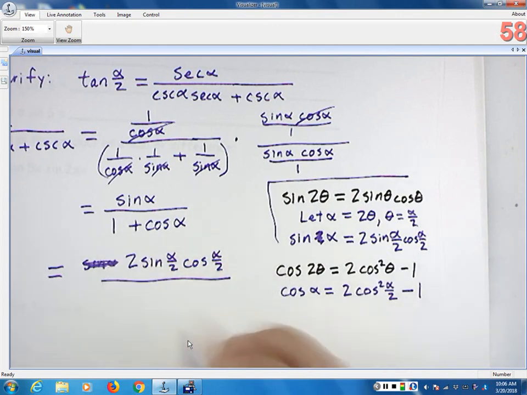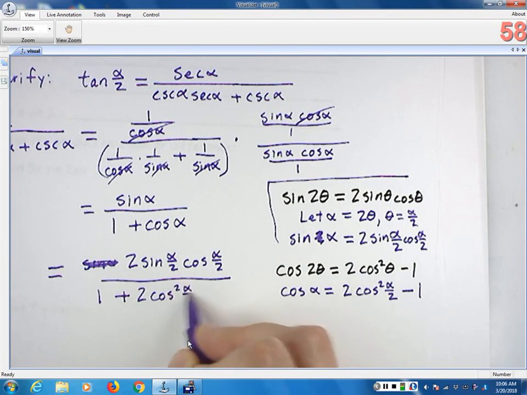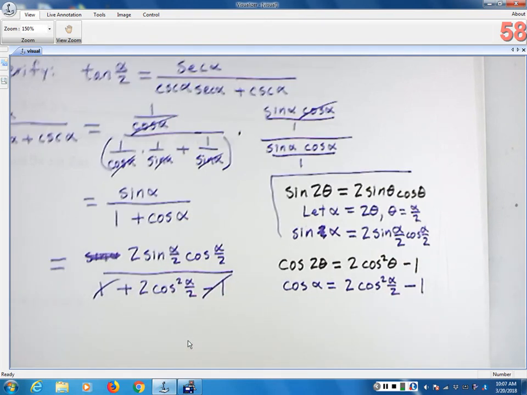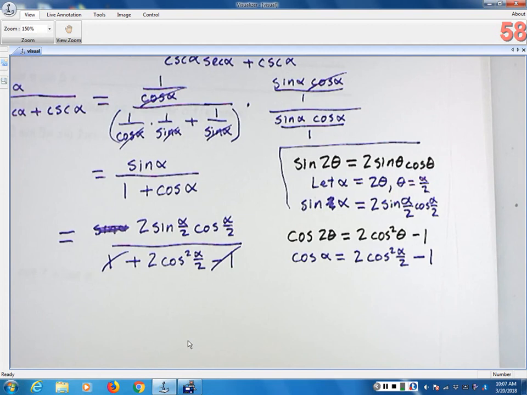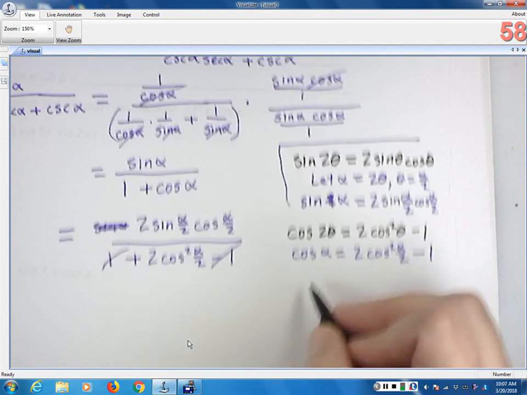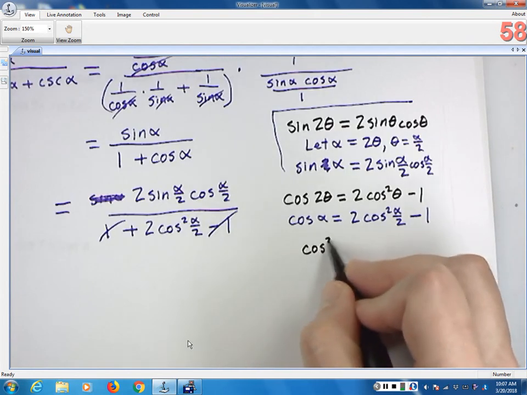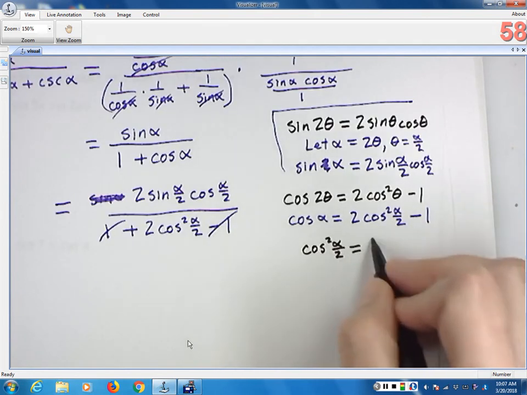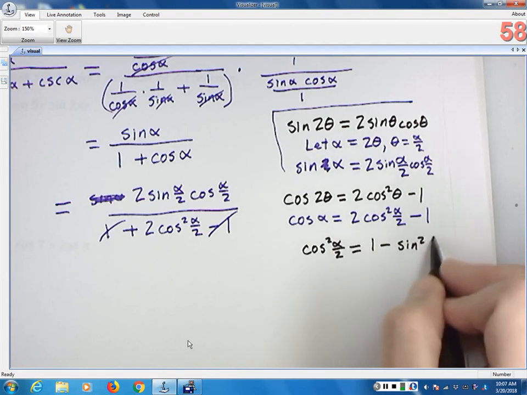We have 1 plus 2 cosine squared alpha over 2 minus 1. The 1's cancel. Now I have to replace the cosine squared alpha over 2, which equals 1 minus sine squared alpha over 2.